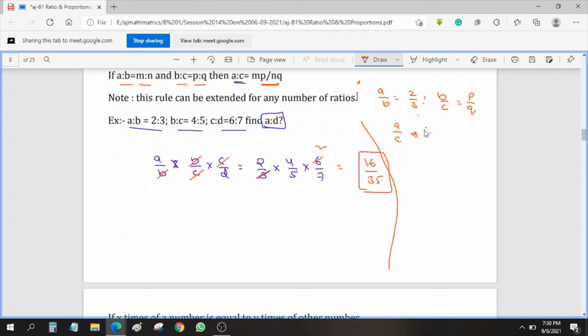Here m value is 2, and sorry, 4 is to 5 I need to write, so 4 by 5, which is 8 by mp. So this I need to multiply, then nq, which means this I need to multiply. So 2 into 4 by 3 into 5, which is equal to 8 by 15. That is a is to c.